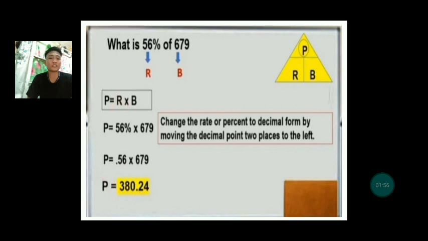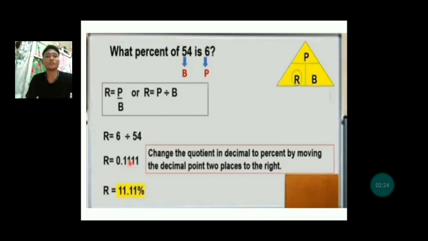Change the rate from percent to decimal form by moving the decimal point 2 places to the left. So the answer is 0.56 times 679, and the result is 380.24. That is the percentage.